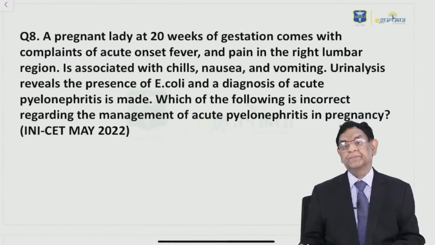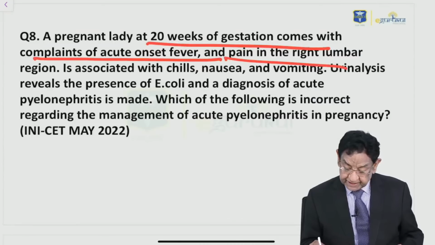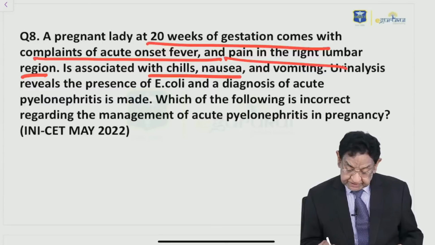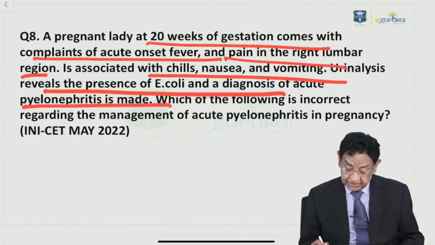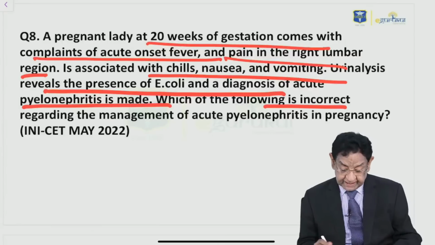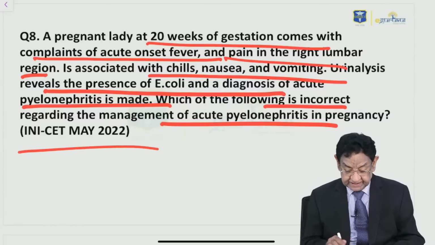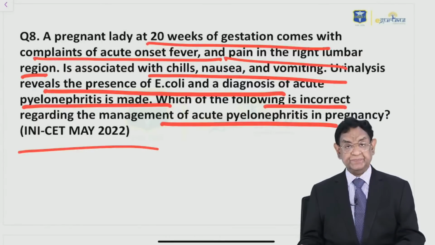Question number 8. A pregnant lady at 20 weeks of gestation comes with the complaint of acute onset fever, pain in the right lumbar region, associated with chills, nausea, vomiting. Urine analysis revealed E. coli and a diagnosis of acute pyelonephritis is made. Which of the following is incorrect regarding management of acute pyelonephritis in pregnancy? Latest INI CET question.